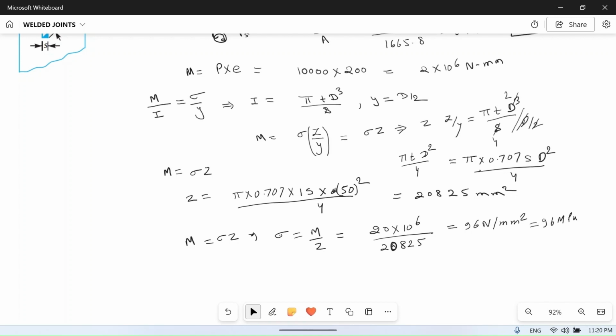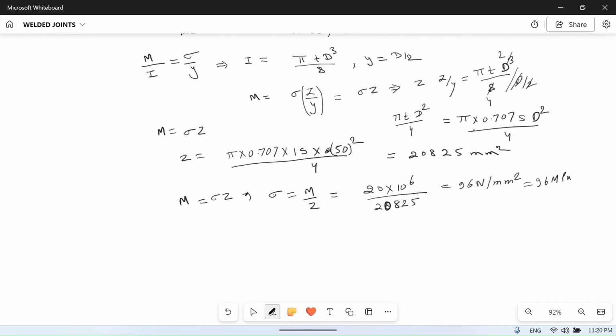So what is the maximum normal stress? The maximum normal stress sigma max is equal to half sigma b, where sigma b is the bending stress, plus half root of sigma b square plus 4 tau square. This is for the case of two stresses.